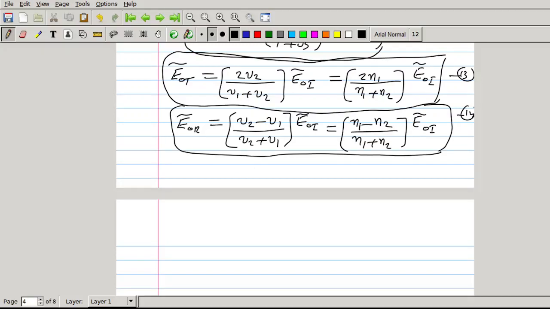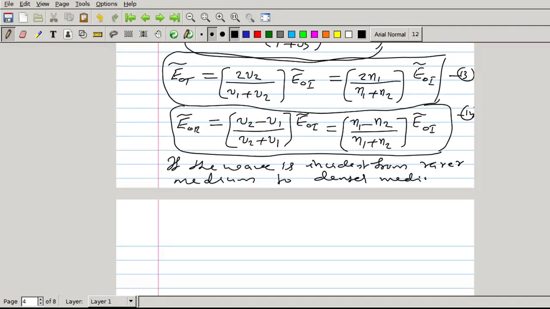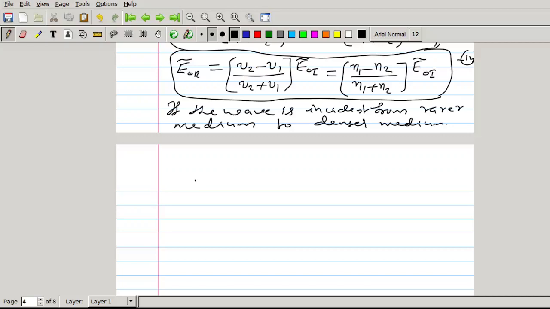Then N2 is greater than N1, or V2 is less than V1.